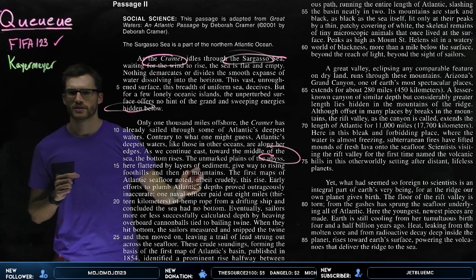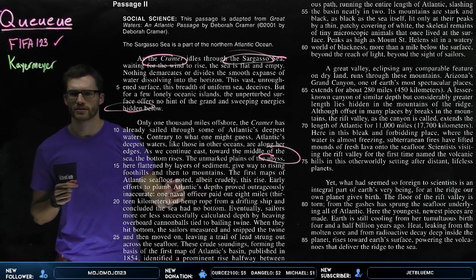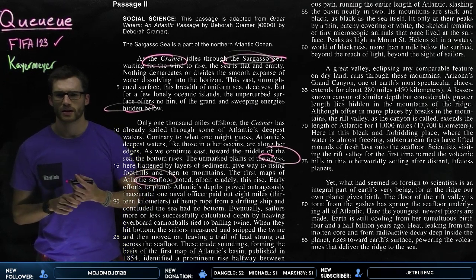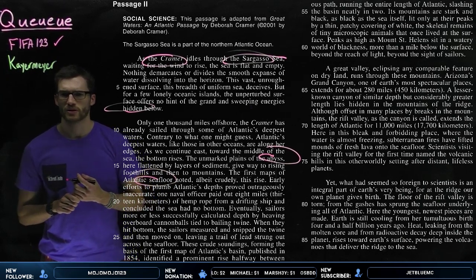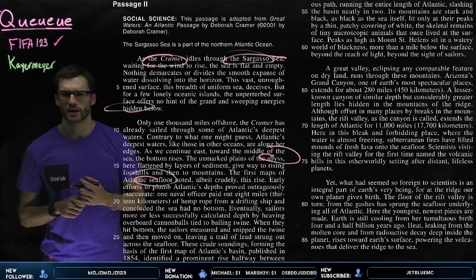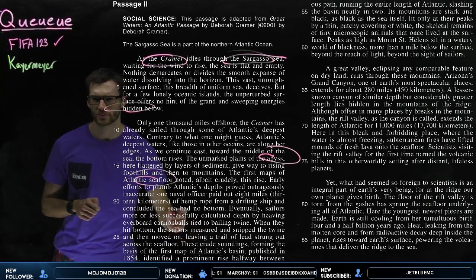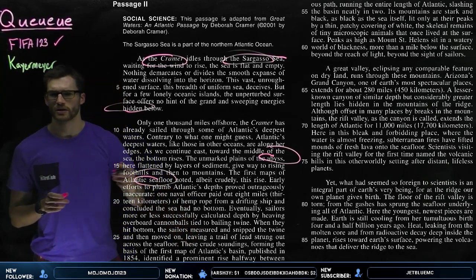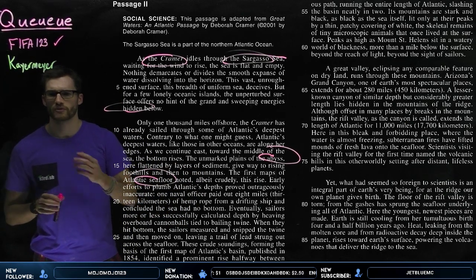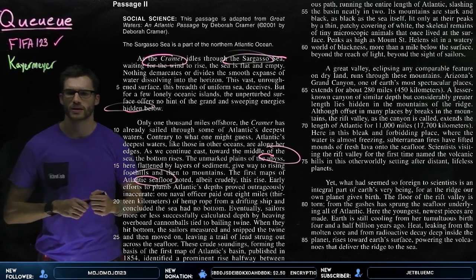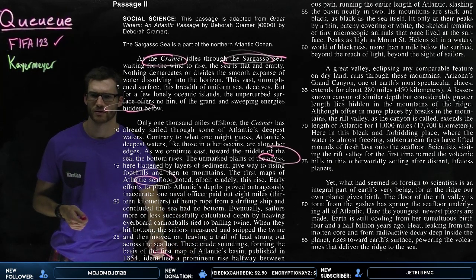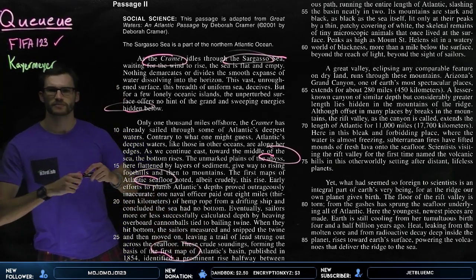Flattened by layers of sediment, okay, rising foothills, seafloor, great, yada, yada, yada. Eventually, sailors more or less successfully calculated the depth. Okay, so they calculated the depth, maybe that's important. I don't even know where that is, so whatever. The crude soundings form the basis of the first map of the Atlantic. Okay, so they made a map. That's interesting.